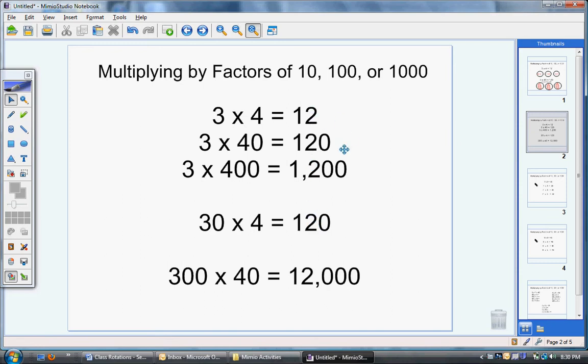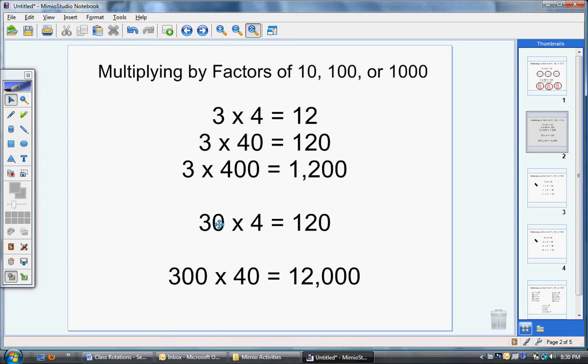The way that you know how many zeros to add has to do with how many zeros were added into the factors. So going from 3 times 4 to 3 times 40, I added 1 zero. Notice in the answer, going from 12 to 120, I added 1 zero. In this problem, I added 2 zeros. In my answer, I added 2 zeros as well. It's all about balancing. Think of it like a teeter-totter. If I add 1 zero to this side, to make it balance out, I need to add 1 zero to this side.